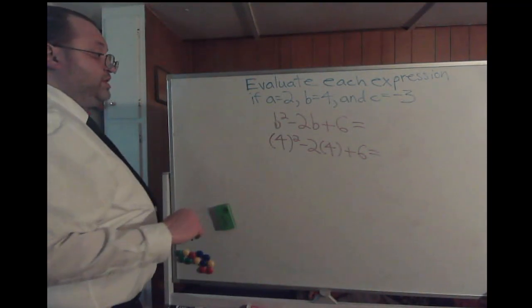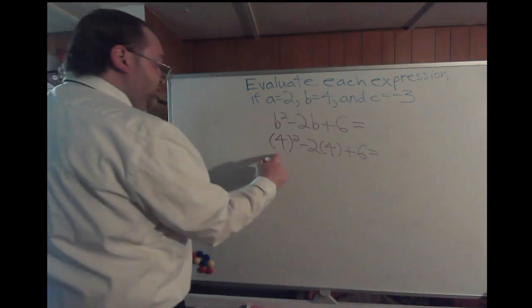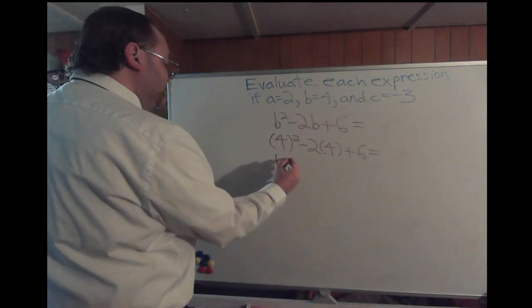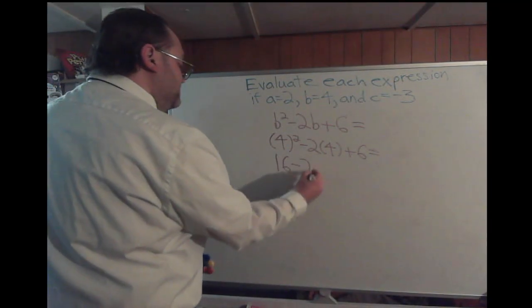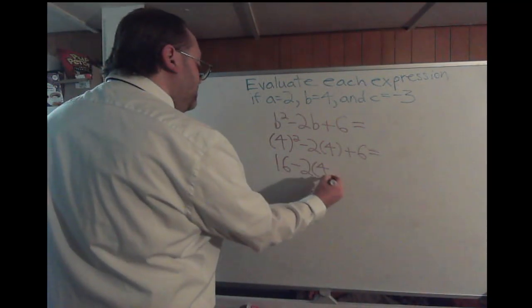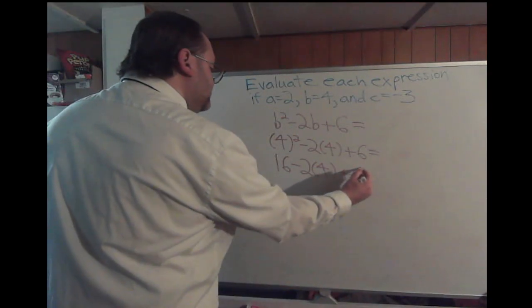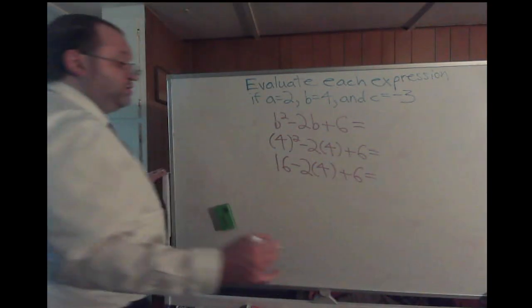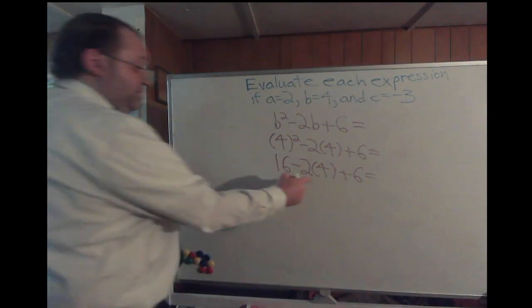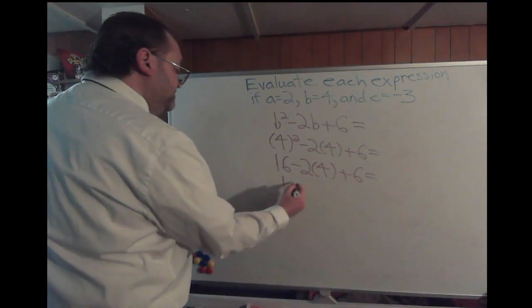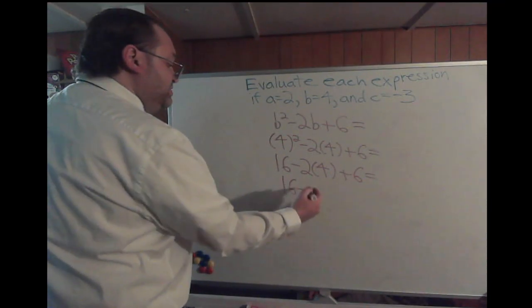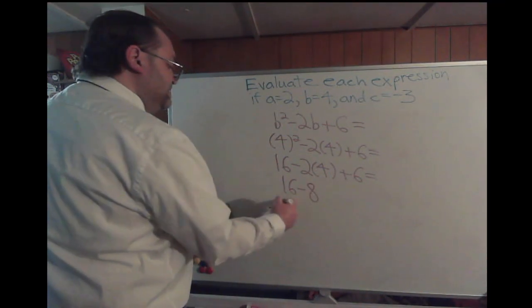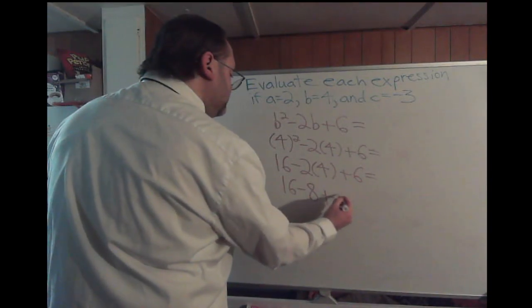Order of operations states we do the exponents first. 4 to the second power, that's 16. Then you have minus 2 times 4 plus 6. Next, we do the multiplication first. So you'll be left with 16 minus, what is 2 times 4? That's 8. 16 minus 8 plus 6.